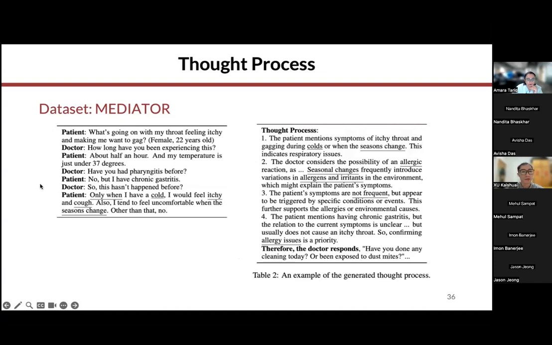For example, we input the context and the true doctor response: "Have you done any cleaning today or been exposed to dust mites?" And then we ask the LLM to generate the possible thought process of why the doctor would say that. We ask the LLM to respond like a chain of thought process.